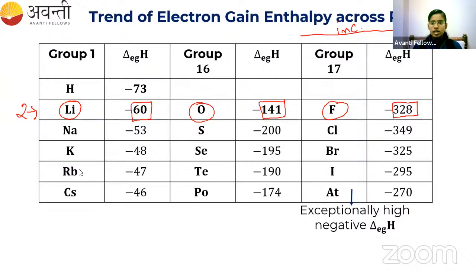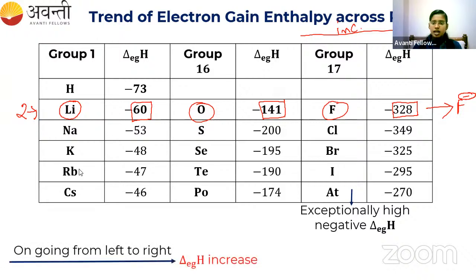So here F has the highest value. It means I can add an electron easily so that it becomes F minus and becomes stable. Clear? So on going from left to right, the electron gain enthalpy increases. Clear for all of you?